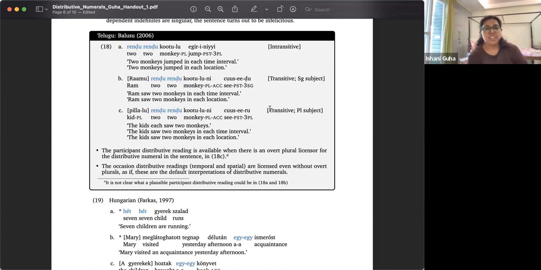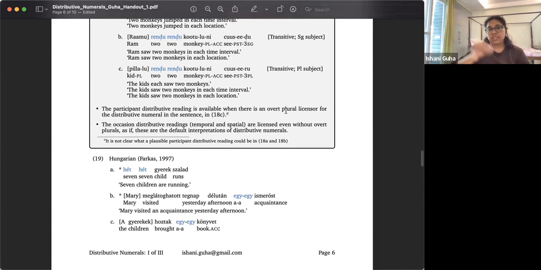Okay. So basically, the summary is that the participant distributive reading, that is, each of the kids saw two monkeys, is available when there's an overt plural licensor, or, when the word overt is not important, when there's a plural licensor for the distributive numeral.